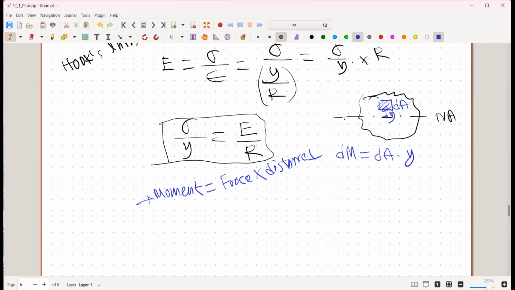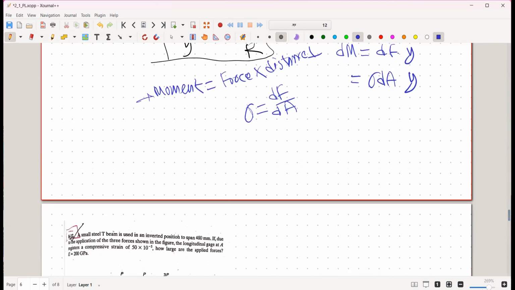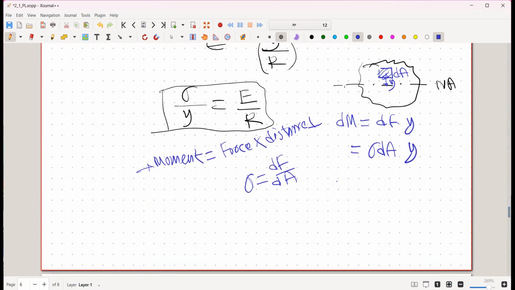So this will be dF, and we know stress is equal to force over area. So we can write dF equals sigma dA.